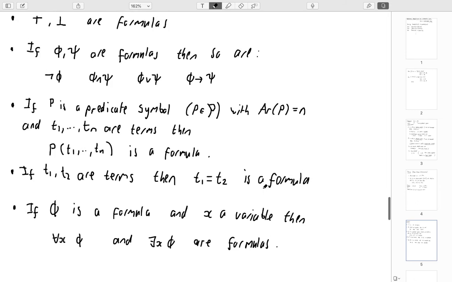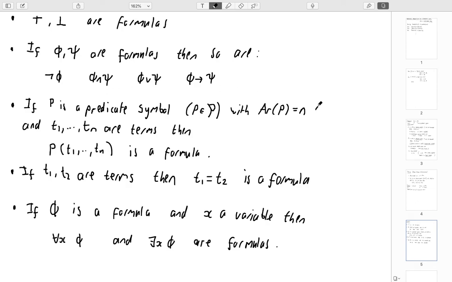Let me just say one other thing. I already talked here about the formula that's built from a predicate symbol as being an atomic formula. Because equality is like a predicate symbol, that also counts as an atomic formula. It's a formula that doesn't contain any smaller formulas inside it.